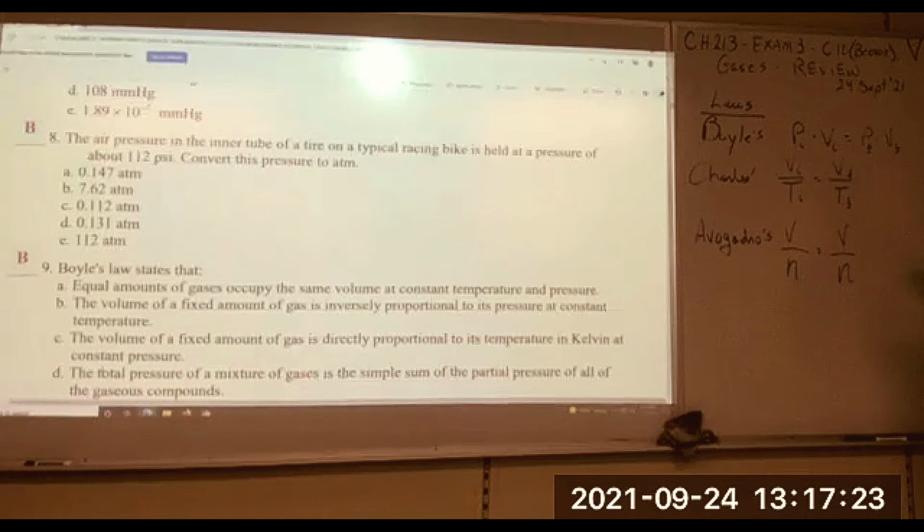And then list, if you're going to use this law, list VI, TI, VF, TF, and put the values that are equal to them up there. Identify the values first. Before you try to plug them into the equation, if you try to stick them in the equation straight out of the problem, you might get them in the wrong place.